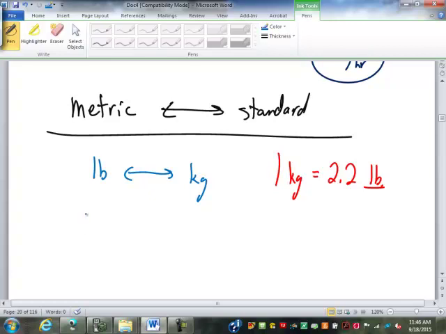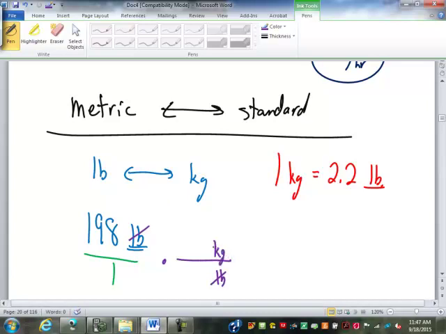So if a patient comes in at 198 pounds, to do a medical dosage, we have to convert that into kilograms. So just like any other, we're going to put it over 1. And our conversion factor, what's going to go on bottom? Pounds, so we can get rid of pounds. Kilograms will go on top.